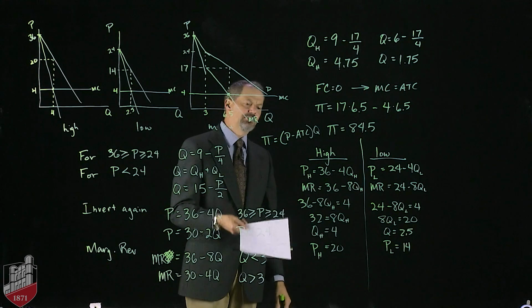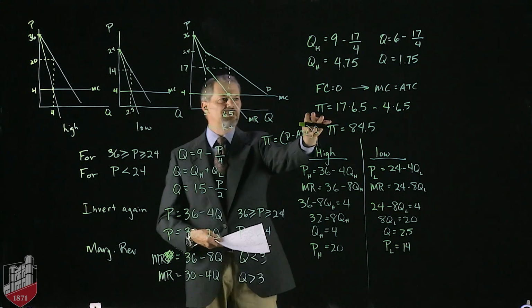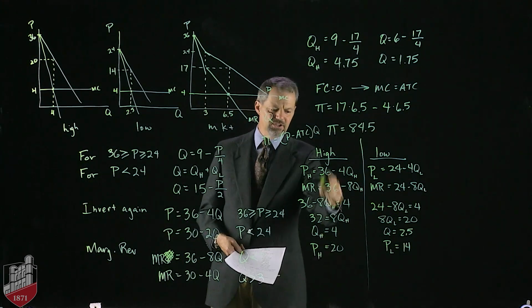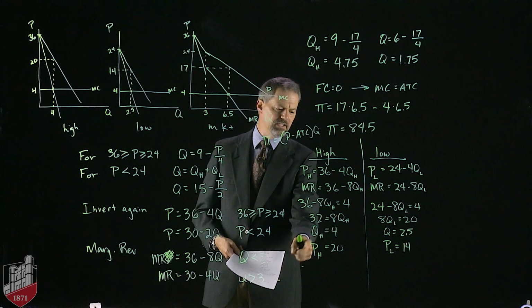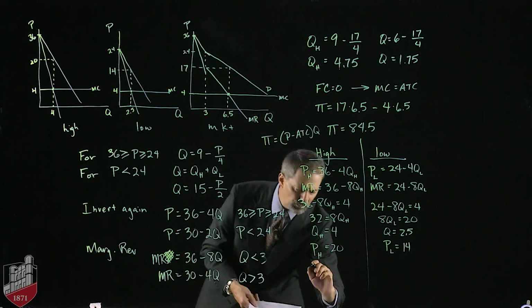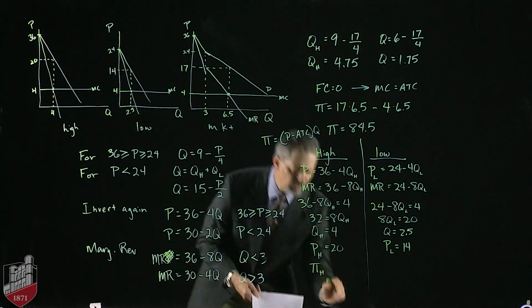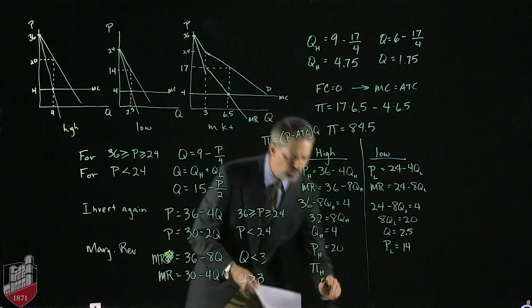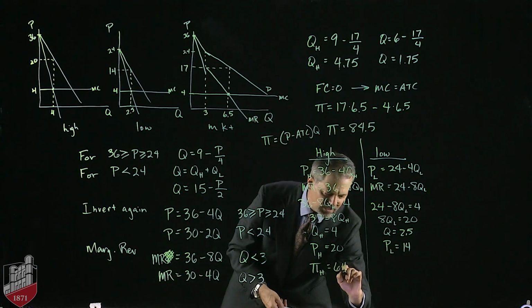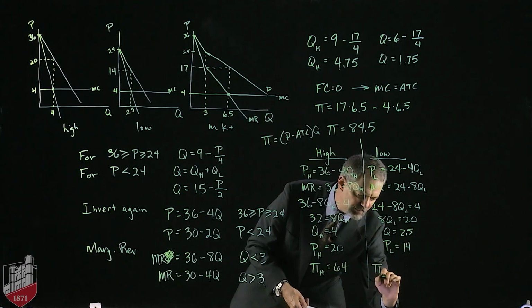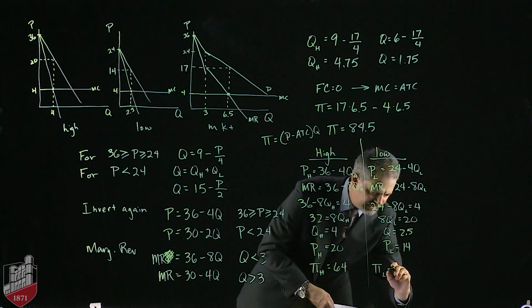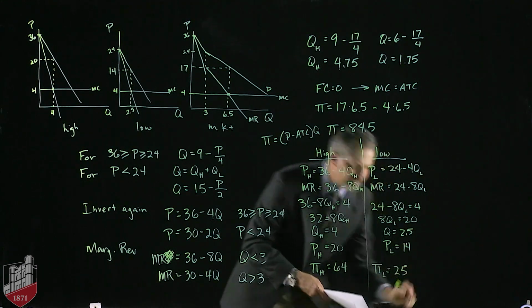If you calculate the profit, go through the same process here. For each of these, we've got price and quantity. The profit that they're going to earn from this high willingness to pay group is going to be equal to $64, and the profit from the low willingness to pay group is equal to 25.